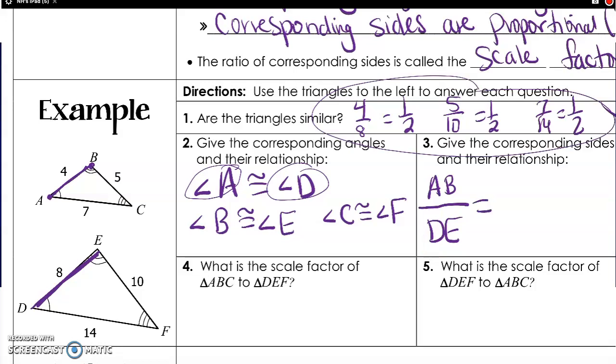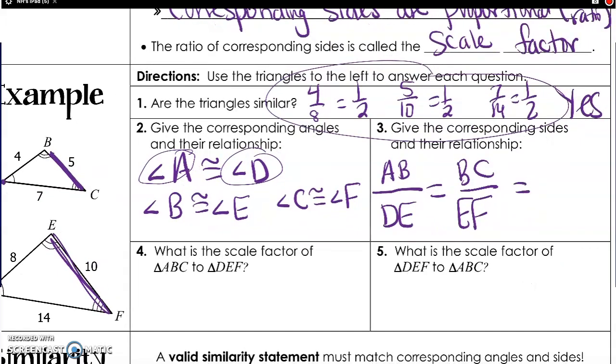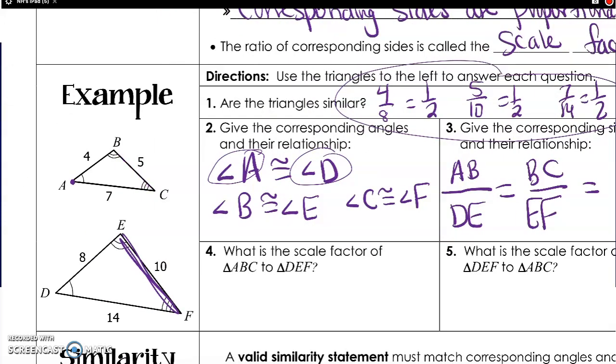That's equal to, so we did those two. So now, next we did B to C, so we write it like that, over E to F. B matches with E and C matches with F. So we write it as BC over EF. And then our last one, I'm actually going to go back and write it in alphabetical order.